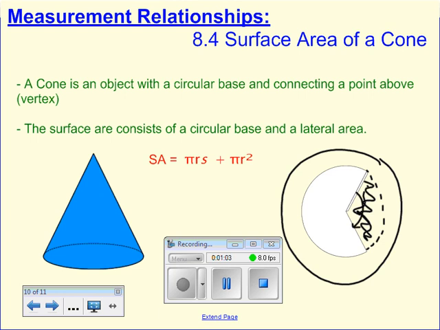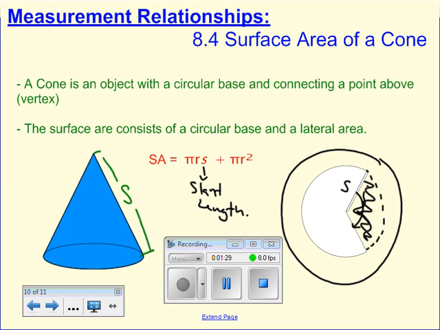This original radius we now call the slant, or S. So this is the slant length. The slant length is this length here, going from the vertex all the way to the base.